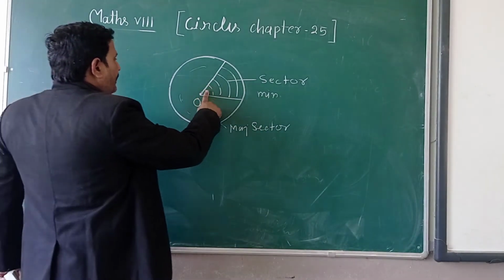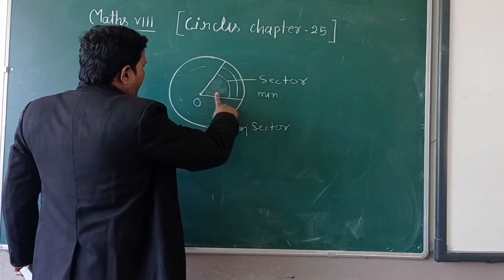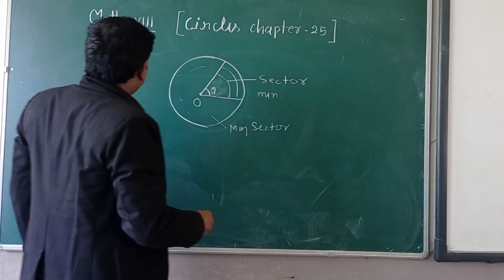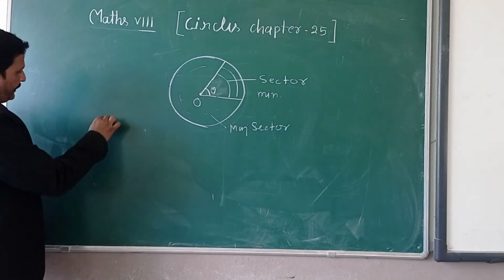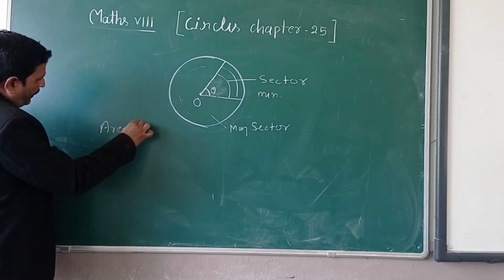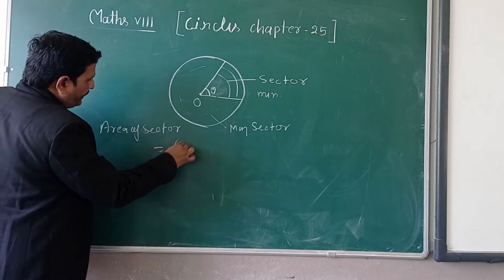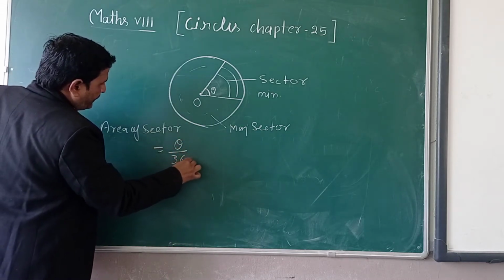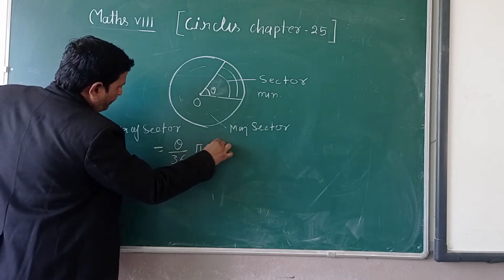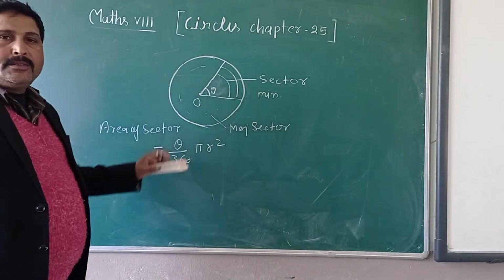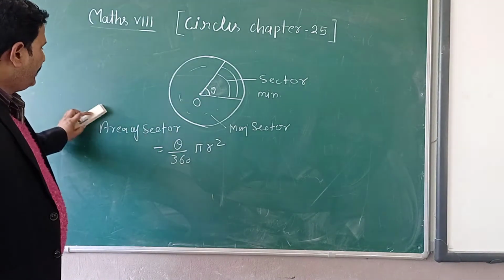Suppose this angle is theta degree or x degree, then the area of the sector is theta upon 360 pi r square. This is the area of the sector. You can calculate the area also.